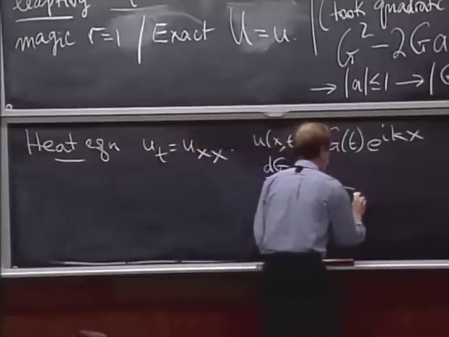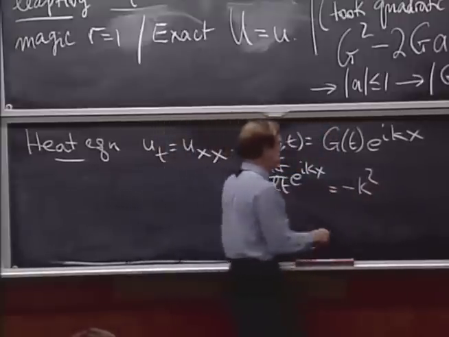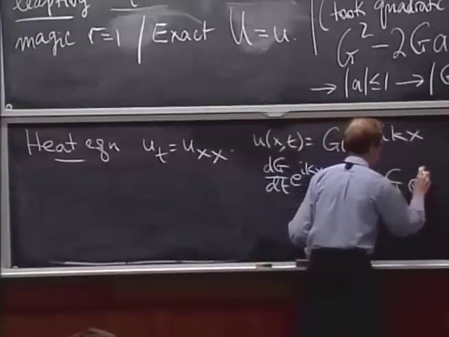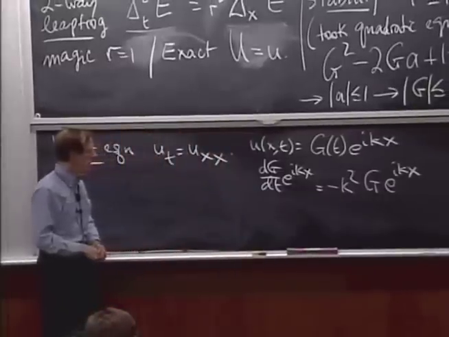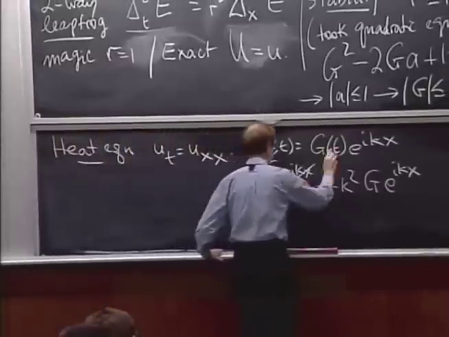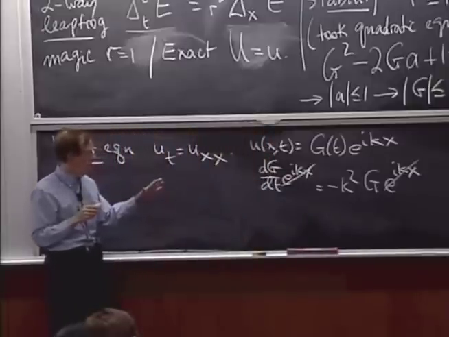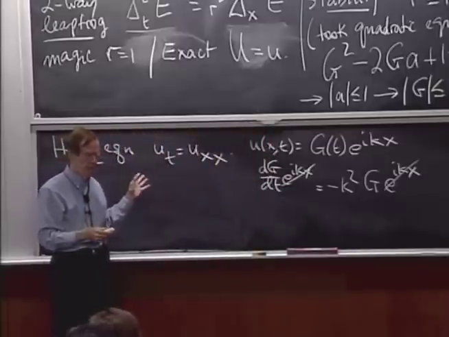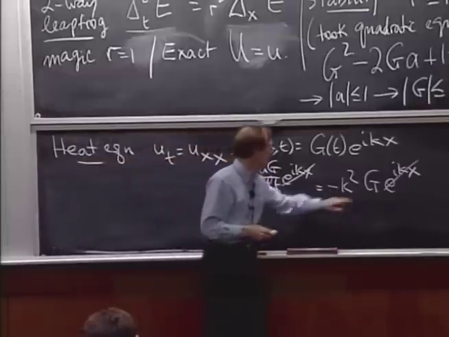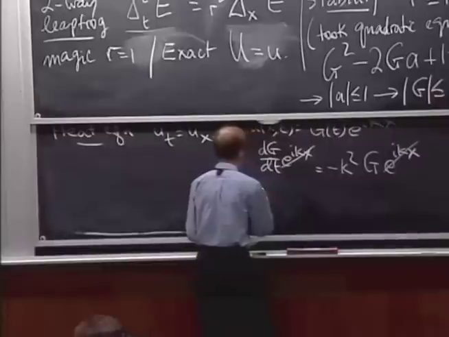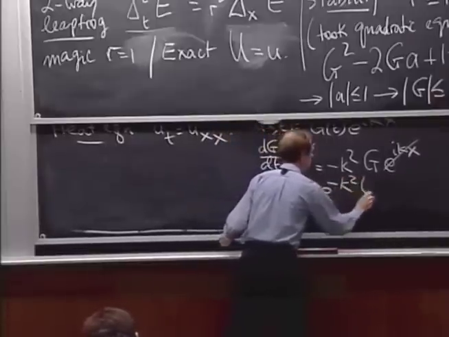So that's minus k squared, i squared giving the minus 1, times g times e to the ikx. And now, of course, I can cancel that, which is never 0. And I've separated out the time part. The g part, dg/dt, is minus k squared g. So g is e to the minus k squared t.